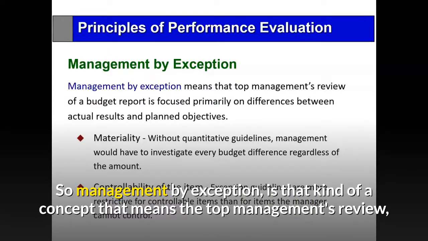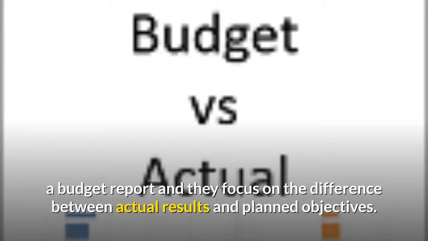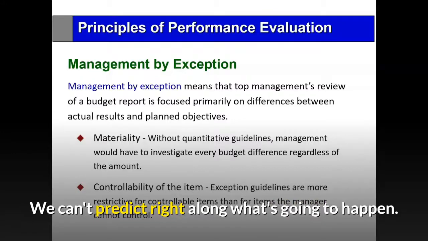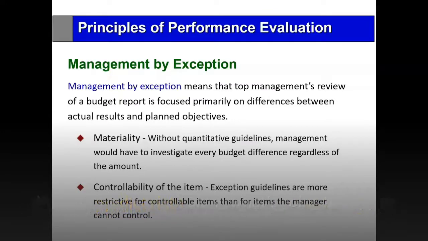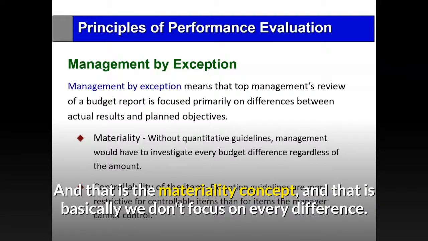That means that top management reviews a budget report and focuses on the difference between actual results and planned objectives. Now, there's going to be a difference. We can't predict exactly what's going to happen. But the question is, how big is that difference? And that is the materiality concept. Basically, we don't focus on every difference.